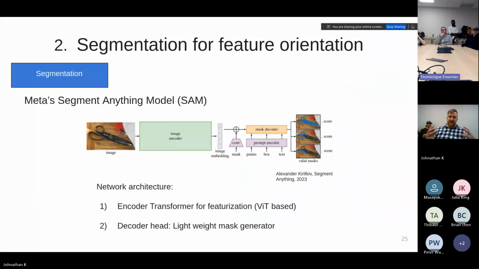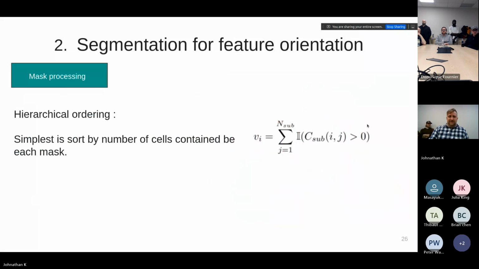It is based on a vision transformer, which is all on the encoder side, and then the decoder is just a simple mask generator. And we've actually found that right out of the box, even trained on ice cream trucks, you can determine structures in the geophysical inversion.